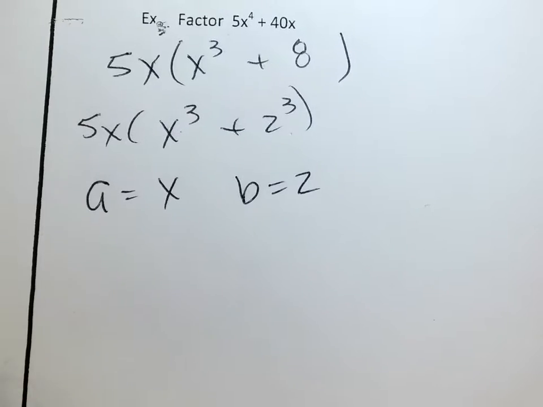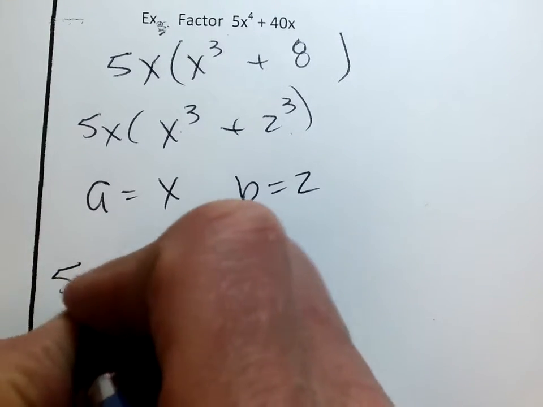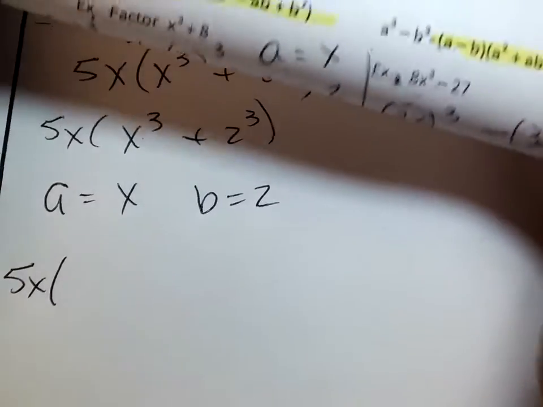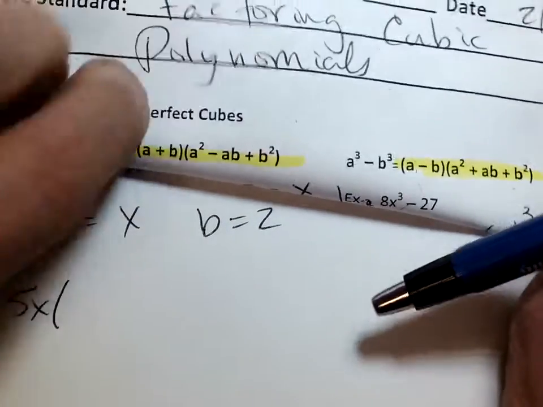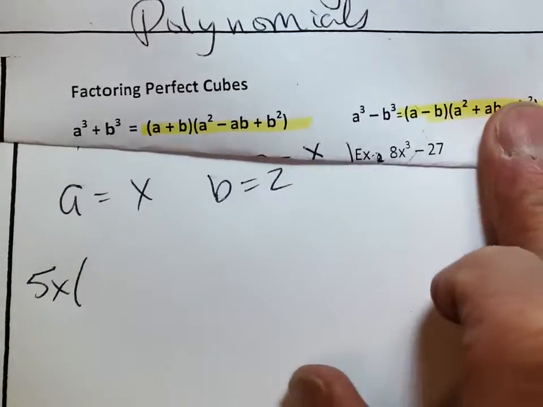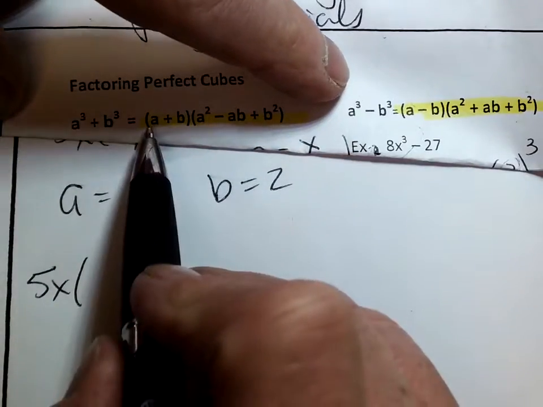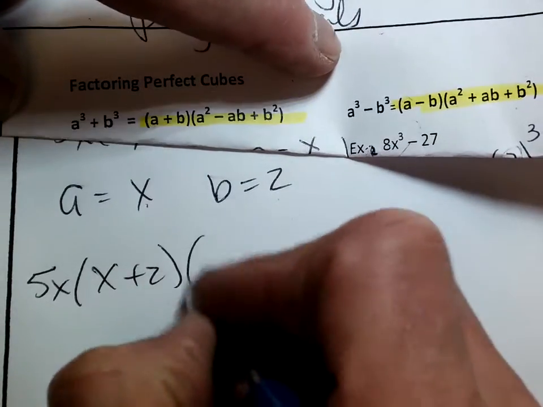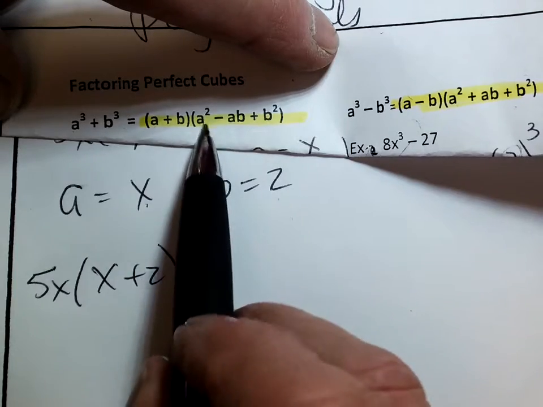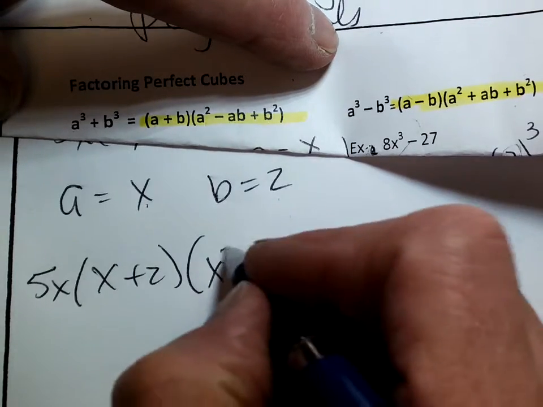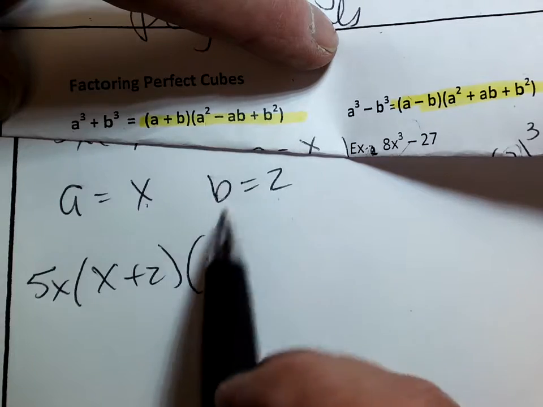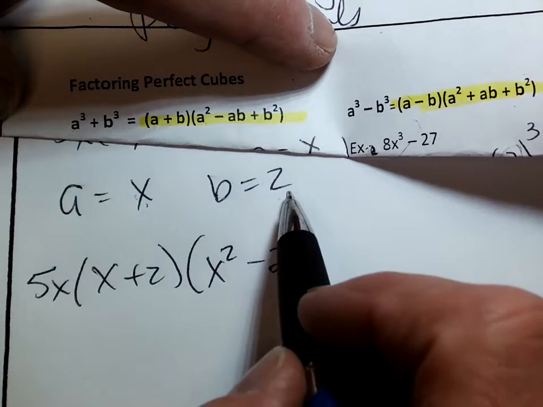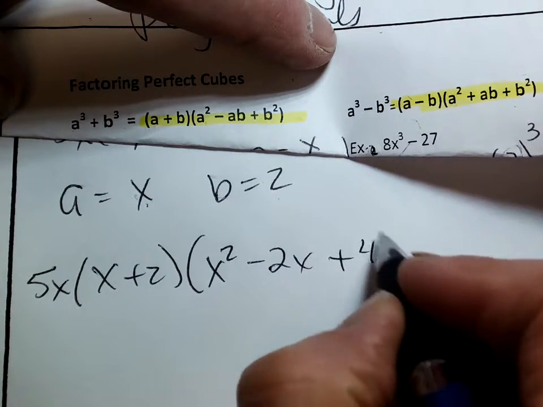So if that's the case, keeping the 5x there, the formula says, let me slide it down just a second. Here's my formula, okay? It says, I'm going to take a plus b, so x plus 2, parentheses, x plus 2, times, I need a squared, well, a is x, so x squared, right? Minus ab, well, ab would be minus my 2x, plus my b squared, but we let b be 2, so plus 2 squared, which is 4. And that's the answer.